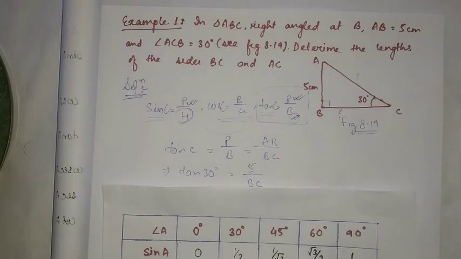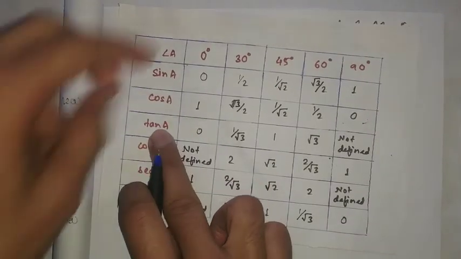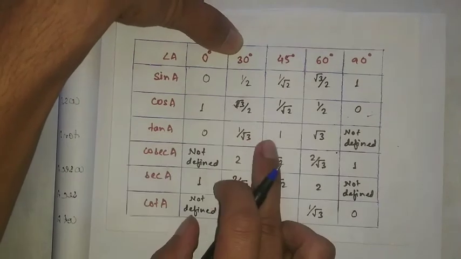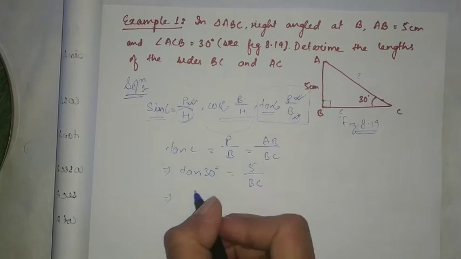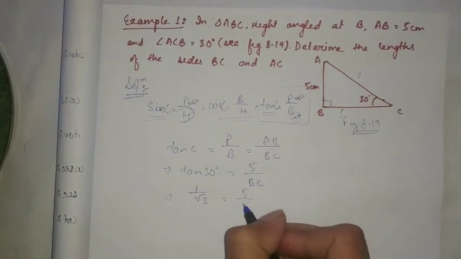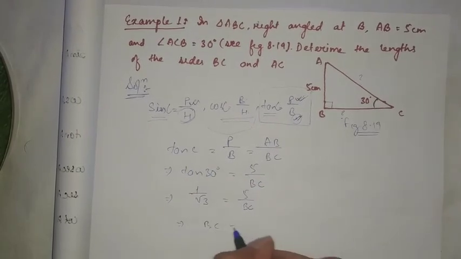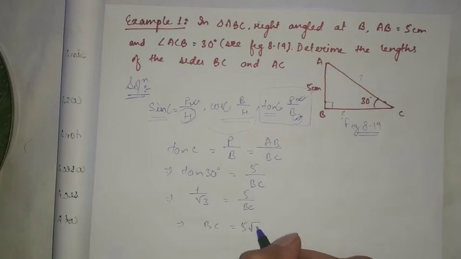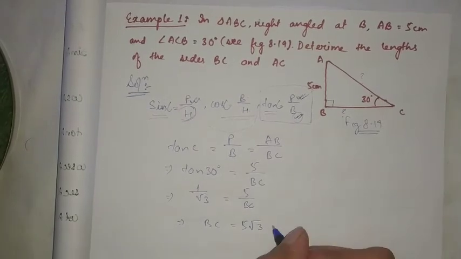Now we use the table to determine the value of tan 30 degree. Tan 30 is 1 by root 3, and it becomes 5 by BC. We do the cross multiplication to find the value of BC to be 5 into root 3 centimeter.